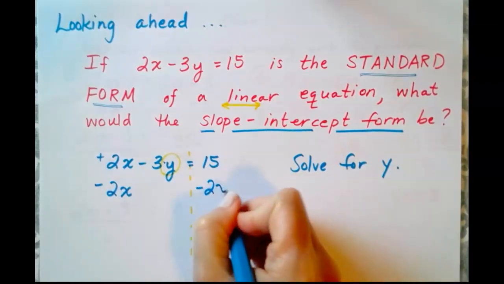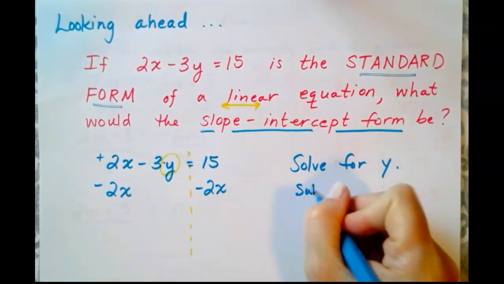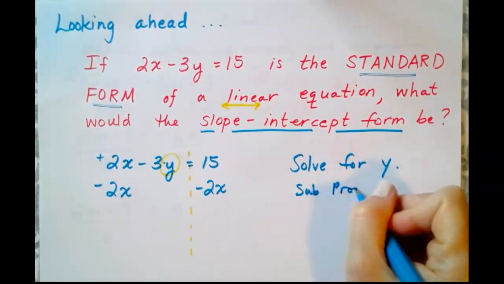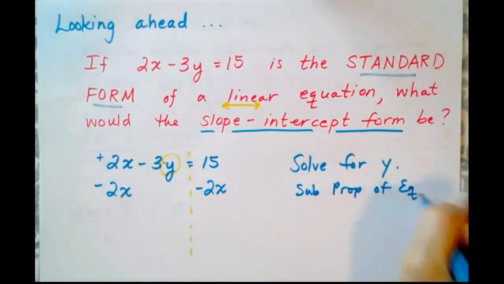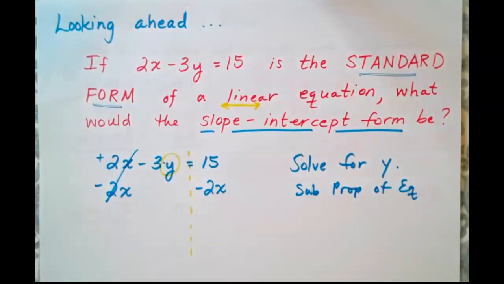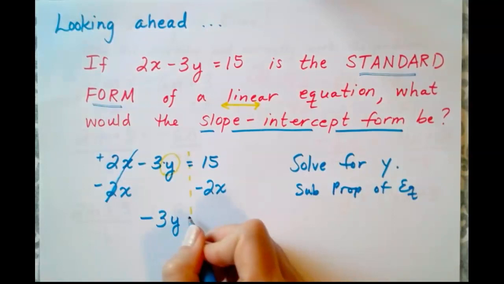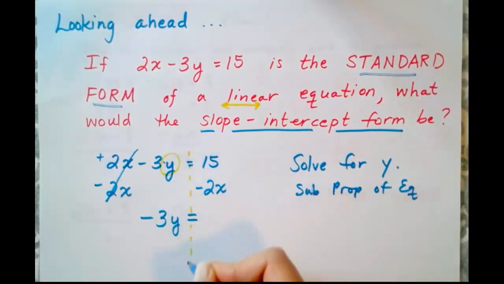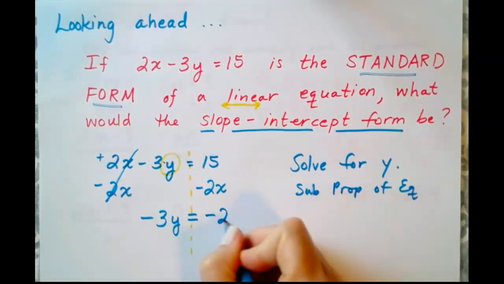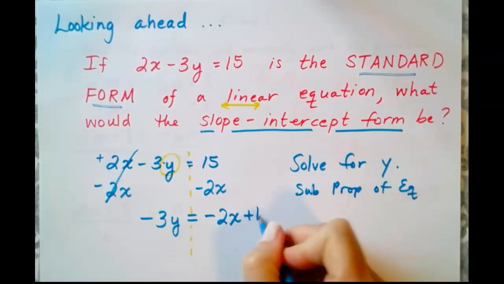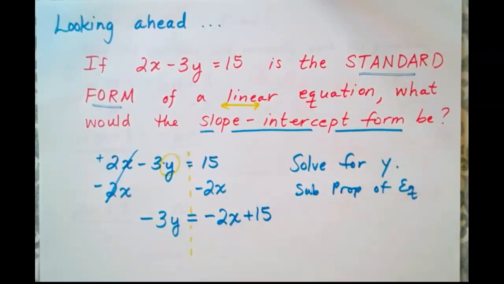So we're going to subtract 2x from both sides. Subtraction property of equality. The 2x's cancel, and we're left with negative 3y equals, I'm lining up my equal signs, negative 2x plus 15.